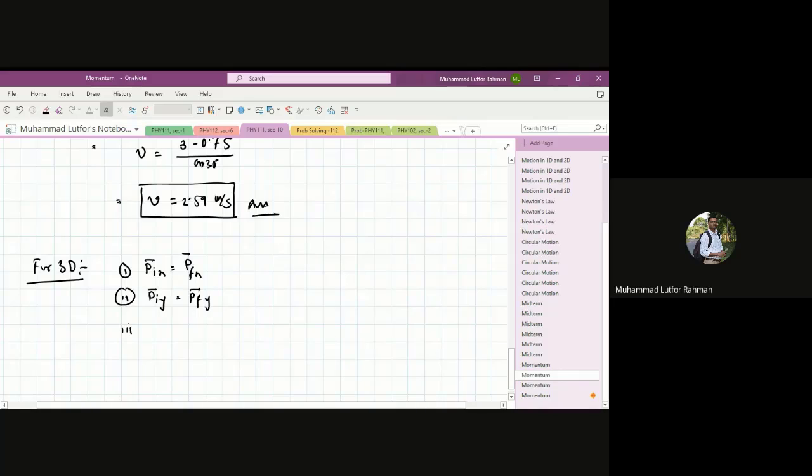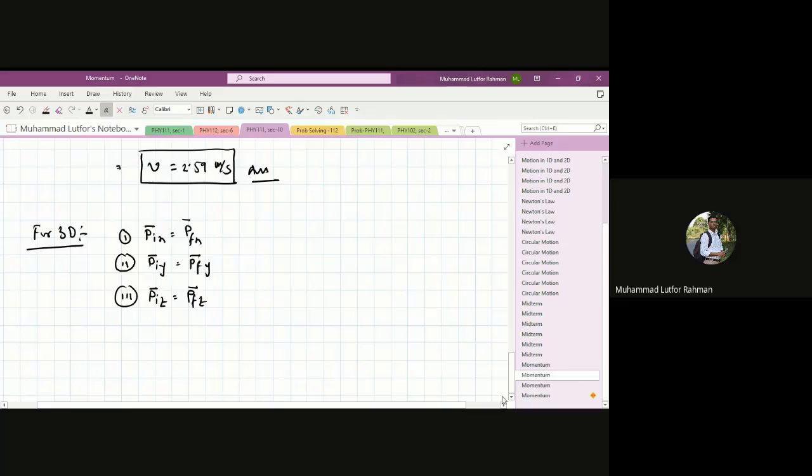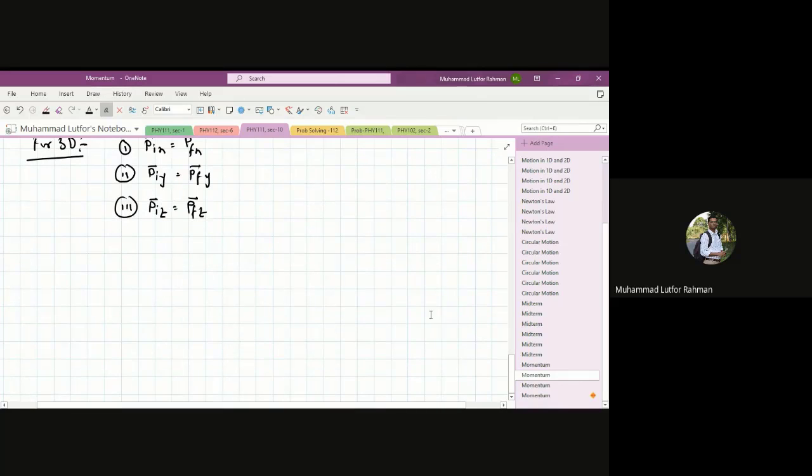And the third condition would be PIZ must be equal to PFZ. That will be the case. So you can use these three equations to find that component or anything they ask in the question.